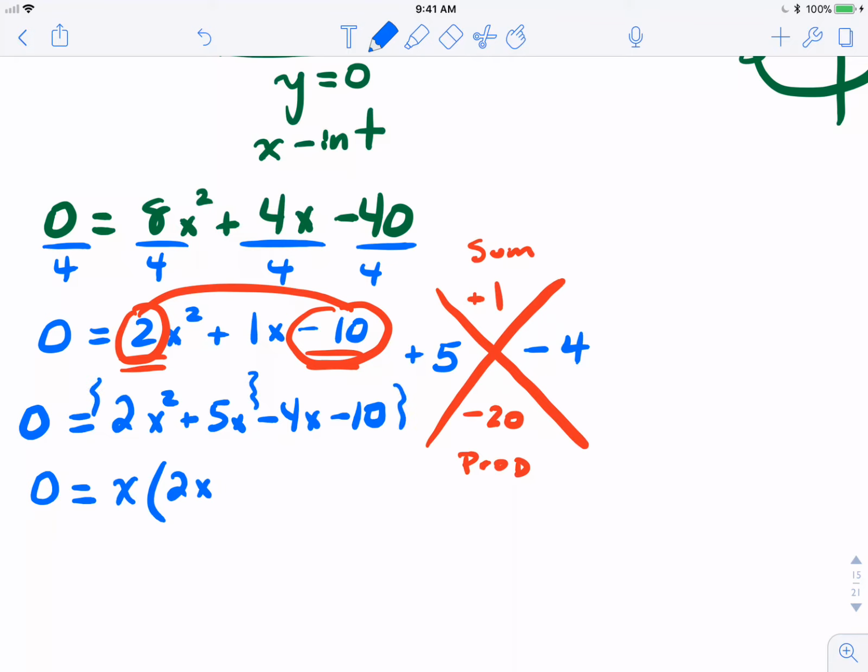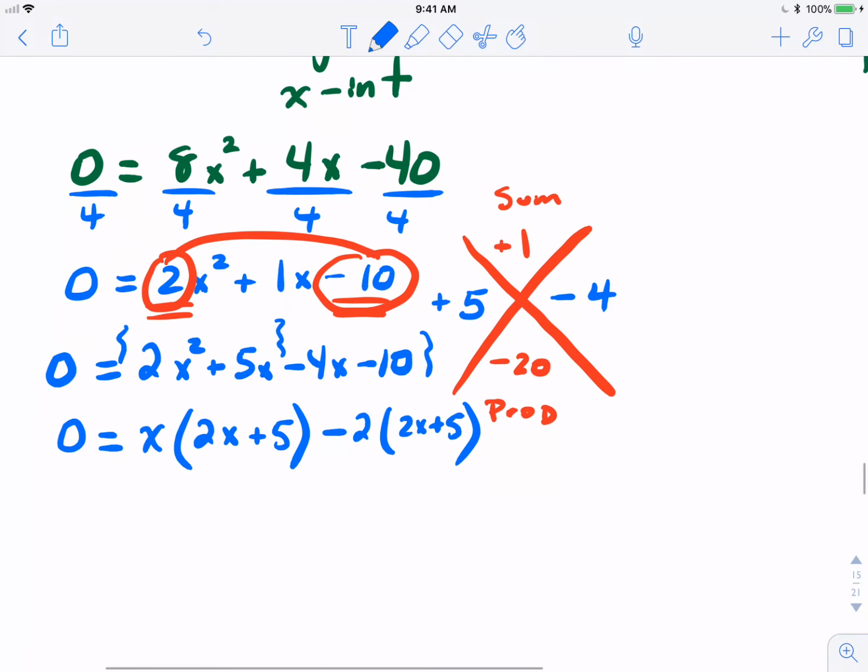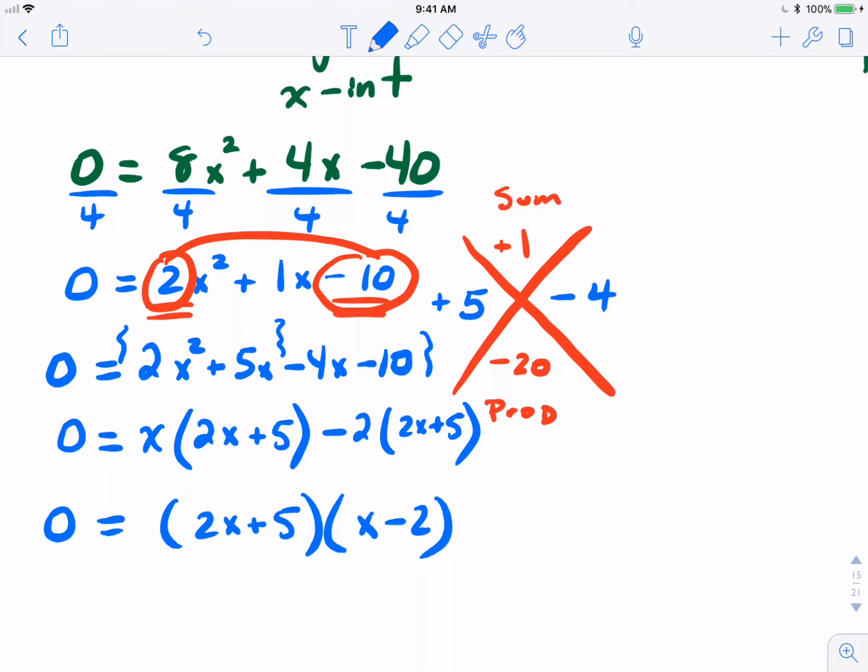Put little brackets here. That's going to be 2x plus 5. GCF, factor out the negative if the lead coefficient's negative. For 4 and 10 is 2. Also 2x plus 5. If you did this correctly, the bubbles should match. You factor out the common bubble, and then what I call the leftovers. Okay, so we'll pause right there.